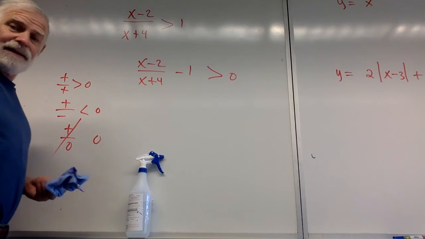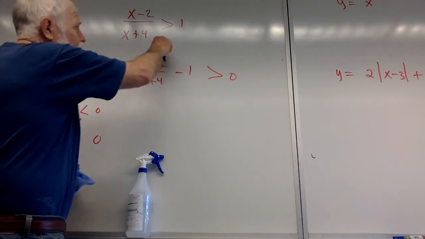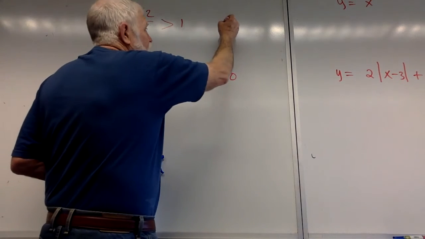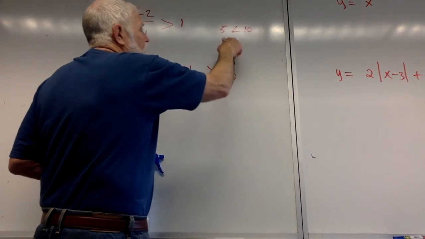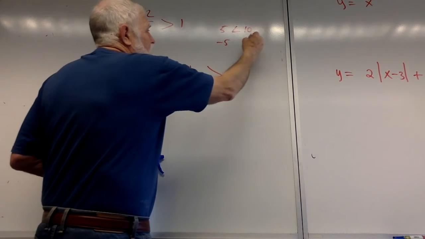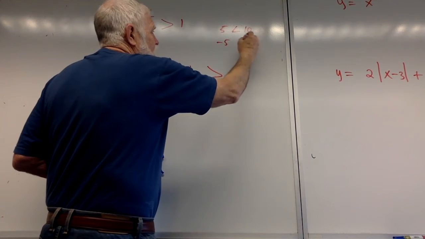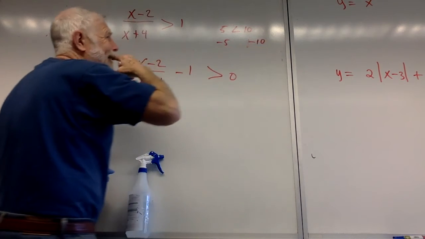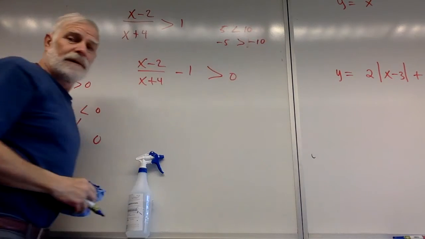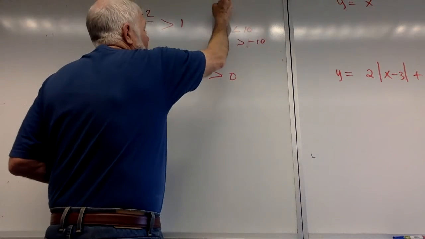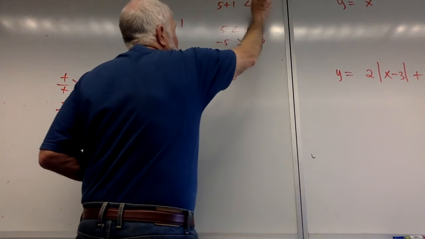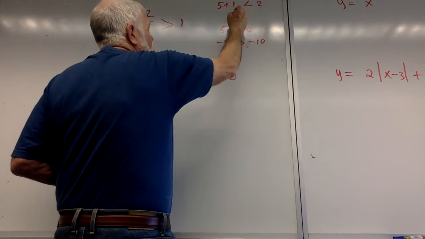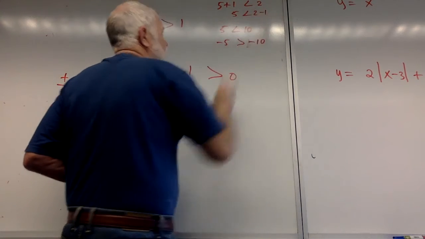I didn't divide or multiply by a negative, which I hope you know. If we said 5 is less than 10, and I multiply both sides by a negative, just hit it with -1, well, then that's actually bigger, right? But if I have 5 plus 1, which is less than 2, and I subtract 1, that stays the same.